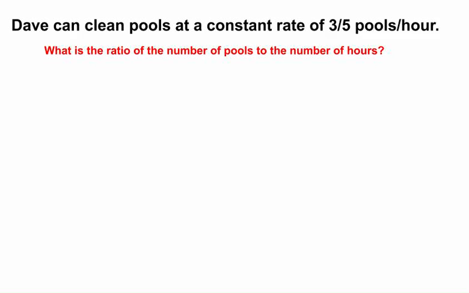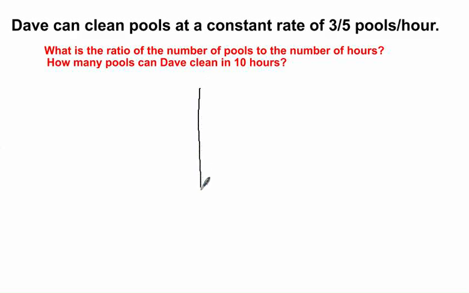Now, using that information, how many pools can Dave clean in 10 hours? So if we go back to our original ratio of pools to hours, 3 pools in 5 hours, well, to get to 10 hours is not so difficult.